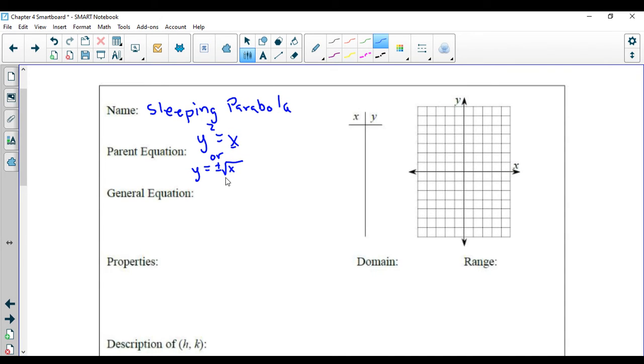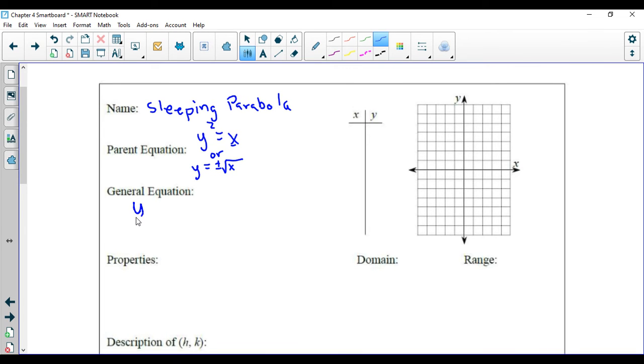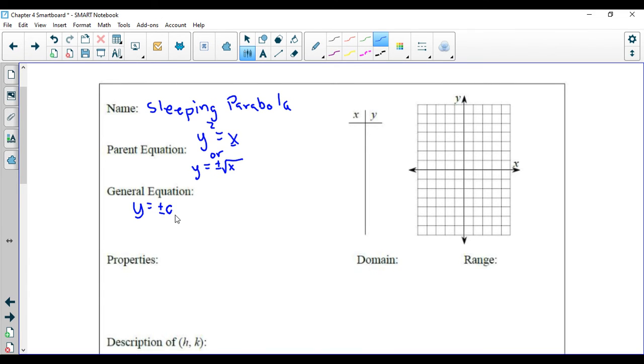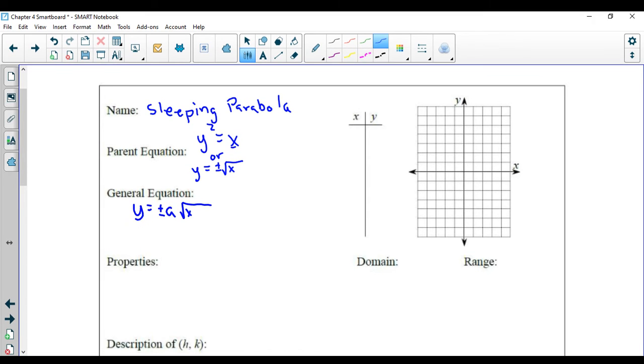We're going to think of it as plus or minus square root of x for the most part. And so when we graph our general equation, that's what we're going to be thinking of. So y equals plus or minus a. The x is underneath the radical. So it's x minus h underneath the radical, and our k is by itself again.